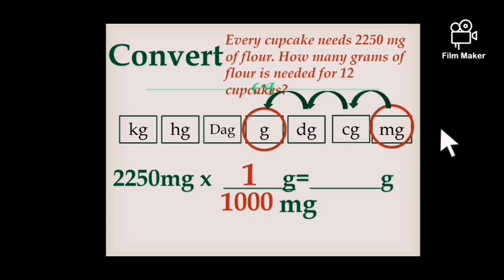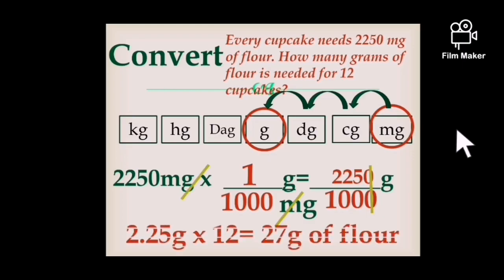So 1 gram is equal to 1,000 milligram. So let us divide. 2,250 times 1 is 2,250 divided by 1,000. Let us cancel these 2 zeros. So we have 225 divided by 100. So that is 2.25 grams.